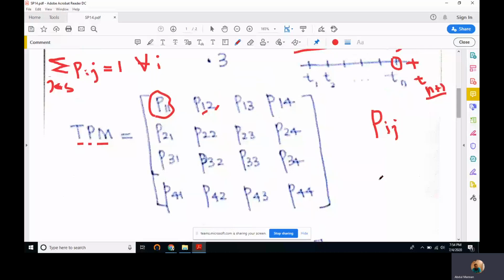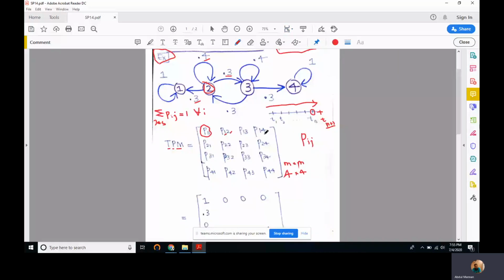Now we are going to fill in the probabilities by looking at this chain or diagram. We write it in such a way that the probabilities in each row sum to 1.